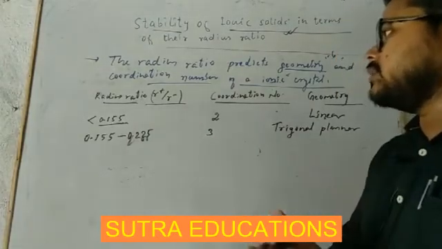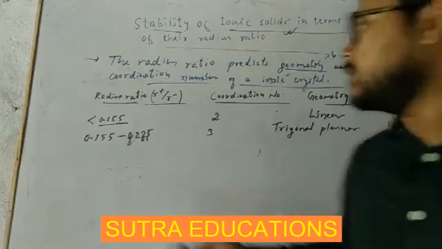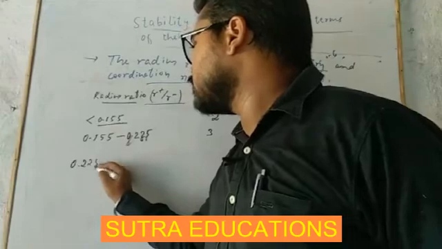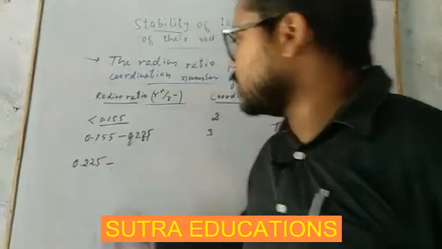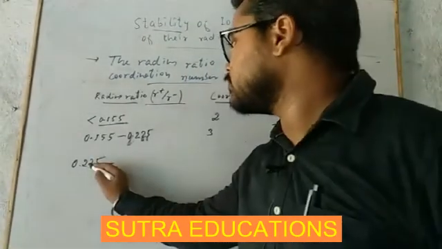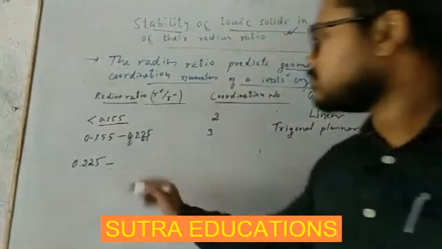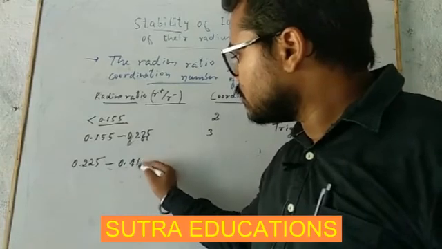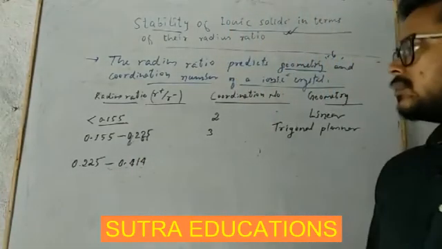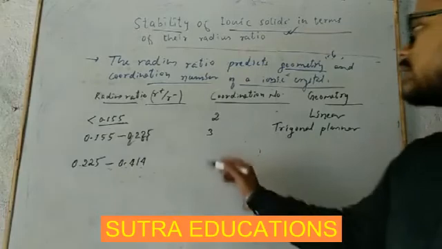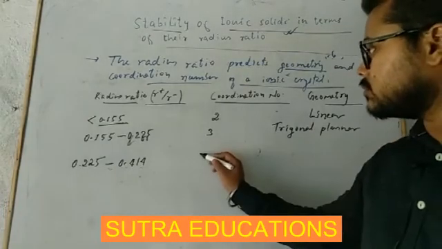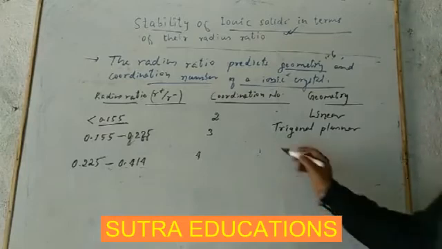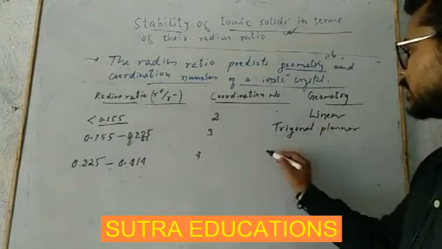And if this radius ratio ranges from 0.225 to 0.414, then the coordination number will be equal to 4 and the geometry is tetrahedral.